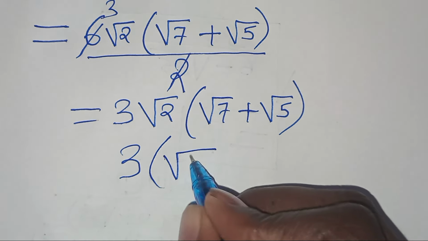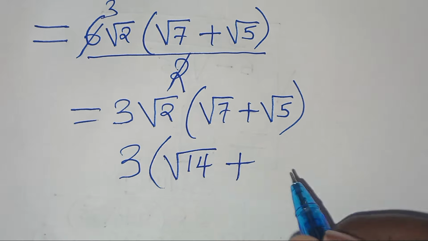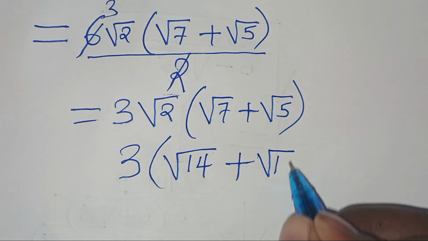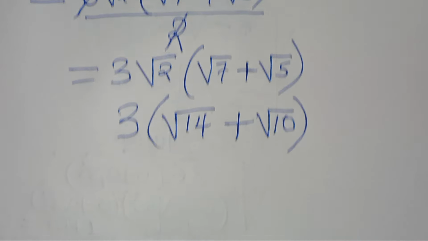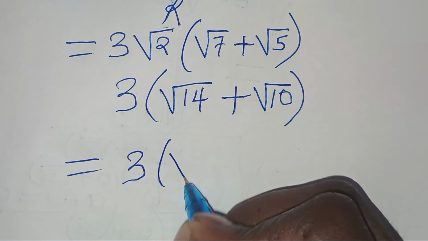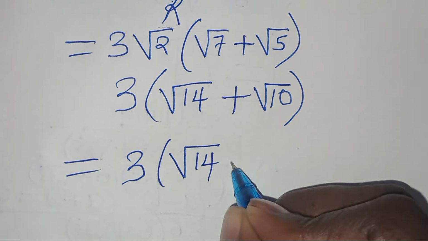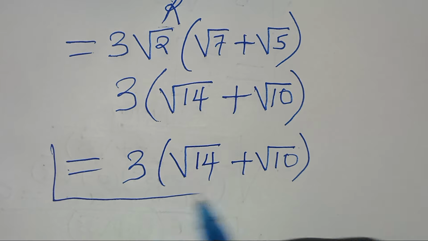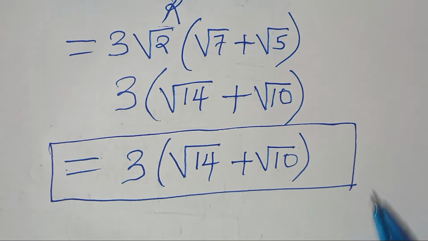This is square root of 14. Then plus square root of 2 times square root of 5. This is square root of 10. We have here 3 into the parentheses square root of 14 plus square root of 10. And this is the solution to this square root math problem.